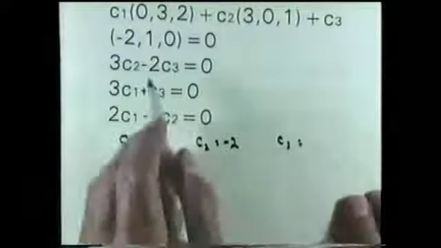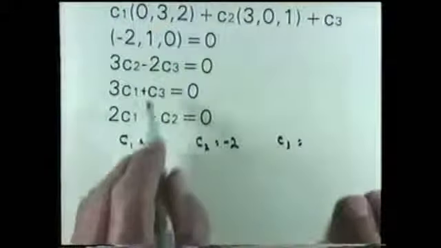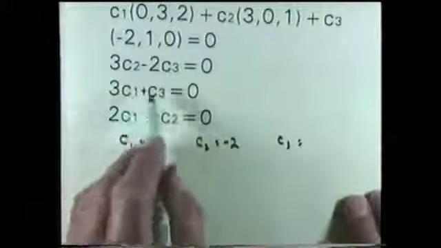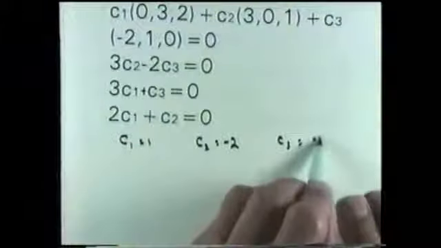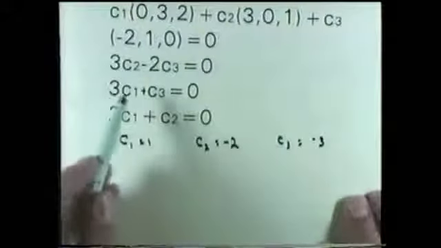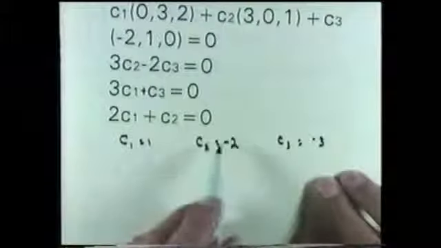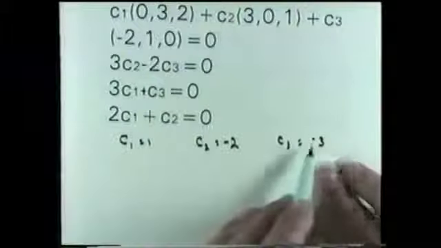Let's see what C3 would have to be. If C1 is 1, then C3 has to be negative 3, because 3 times 1 is 3, minus 3 is 0. So we let C1 be 1, C2 be negative 2, and C3 be negative 3.